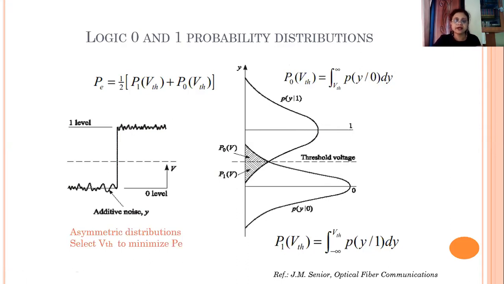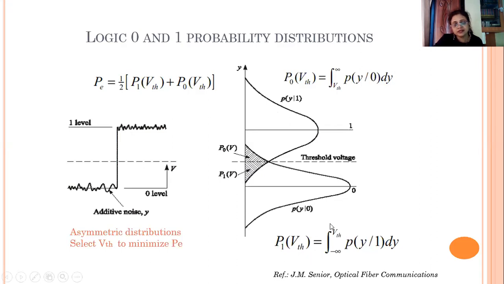On my transmitter side, I am transmitting a signal 1, and during the transmission or during the detection process, noise got added into it, at such a level that my signal level has fallen below the threshold voltage. Now, actually, I have transmitted bit 1, but because of noise the signal level has gone below the threshold voltage. The bit 1 will now be detected as bit 0. So this will be my area over which the error probability will be calculated for bit 1.